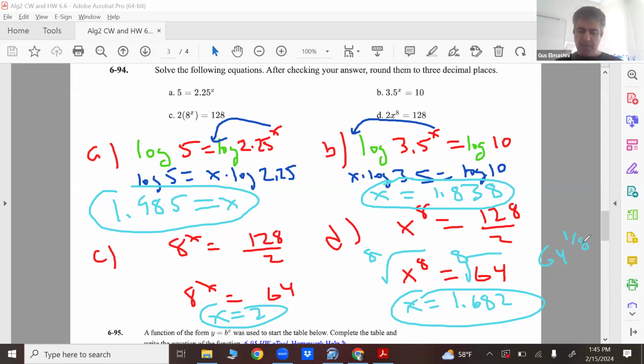Or if you hit math, option 5, that works too for part D. But for parts A and B, you're just dividing both sides by whatever's connected to X, right? I know you guys can do that. Likewise for B.